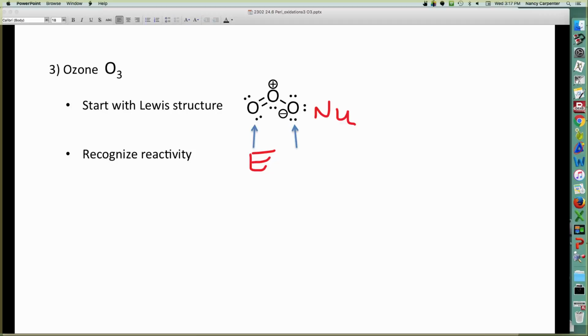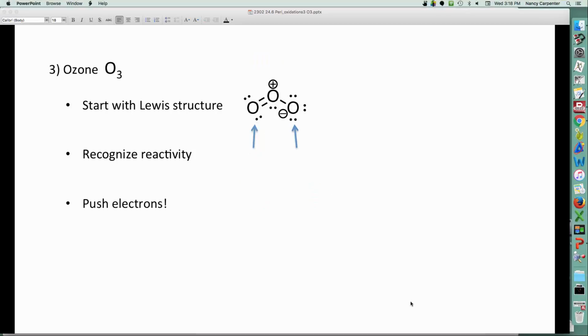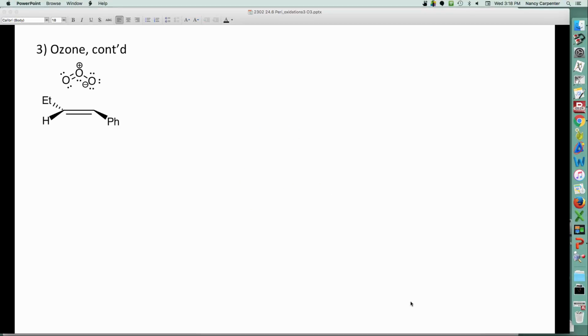Well, yeah, right, because if I have a nucleophile attack here, I can give that middle oxygen back its electrons. That's the pattern we see over and over and over again in OChem. So start with the Lewis structure, recognize the reactivity, and then do the mechanism.